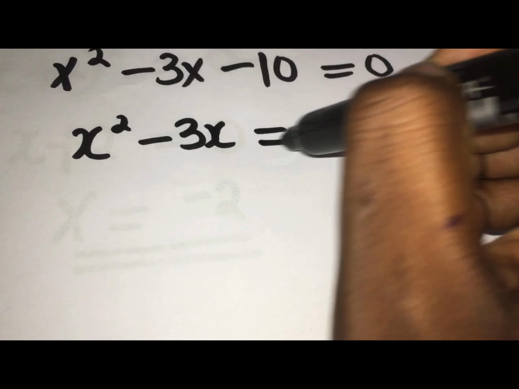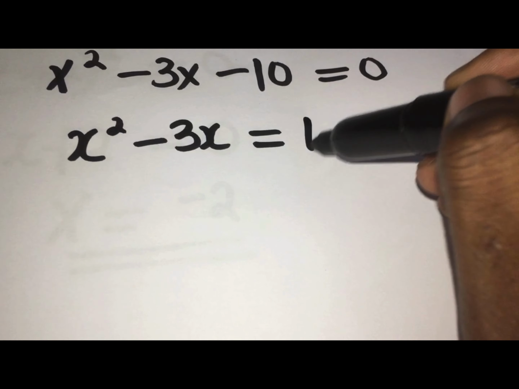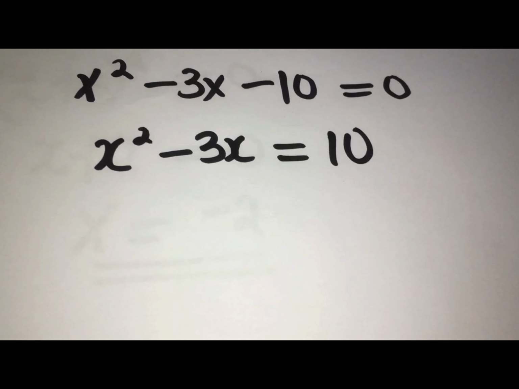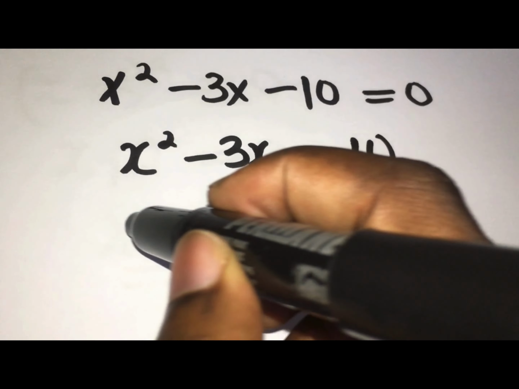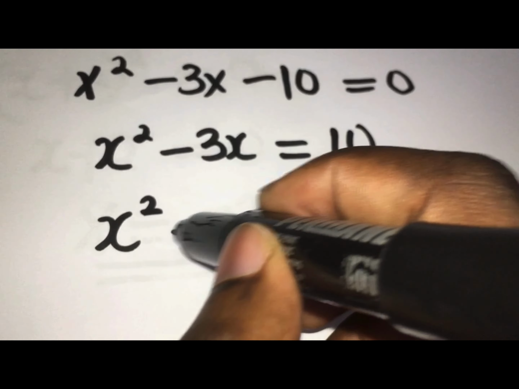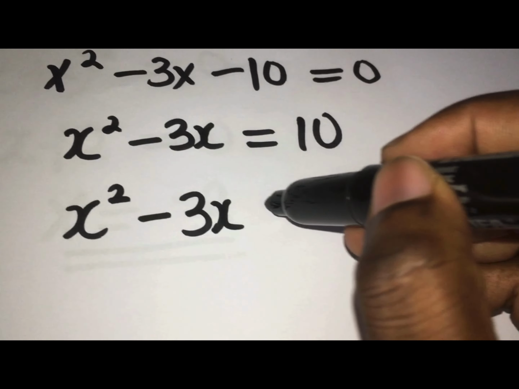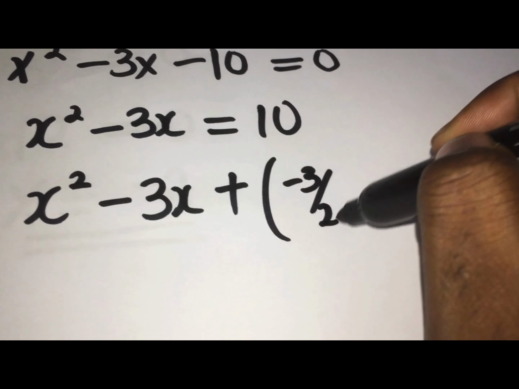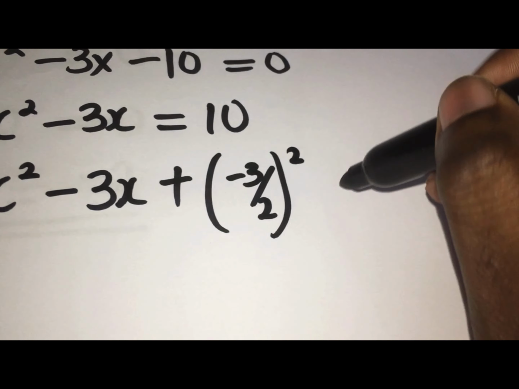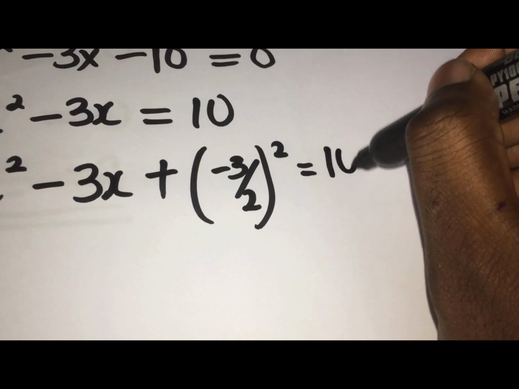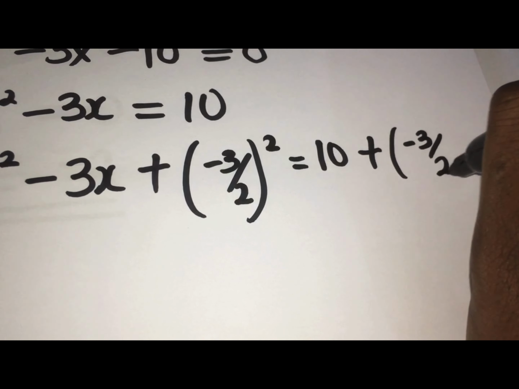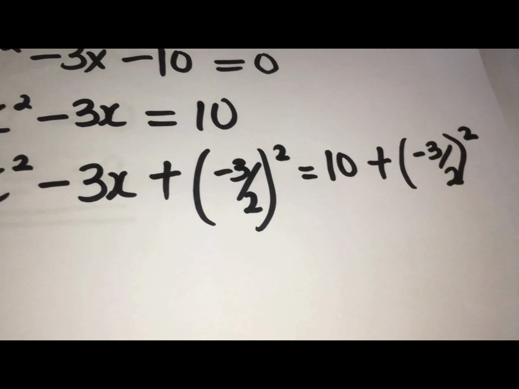Your first step, you take the constant to the right hand side to be 10. Then you add b over 2 squared to both sides. So remember, our b is negative 3, over 2 squared. Then on the right side also have plus negative 3 over 2 squared.